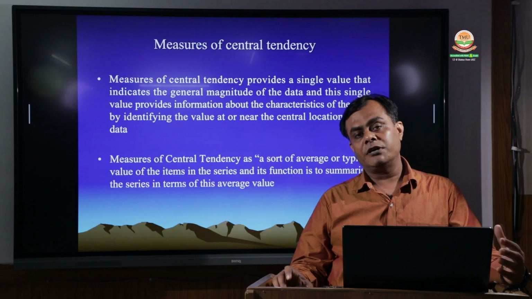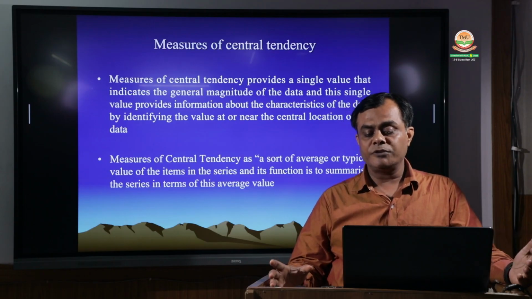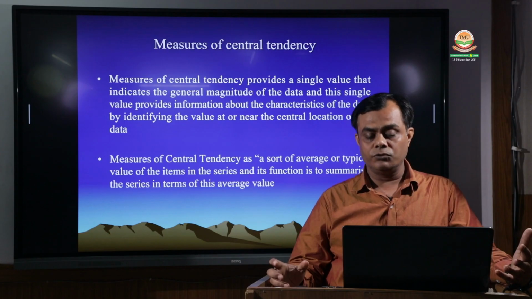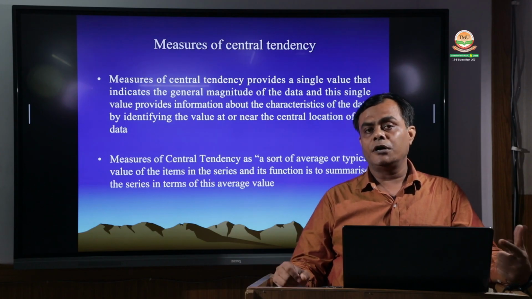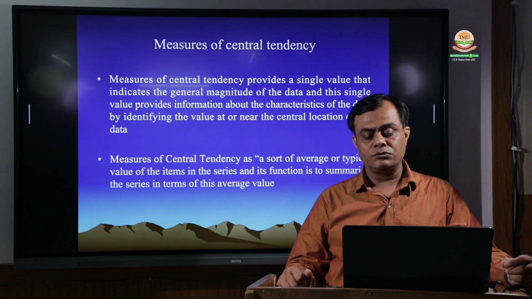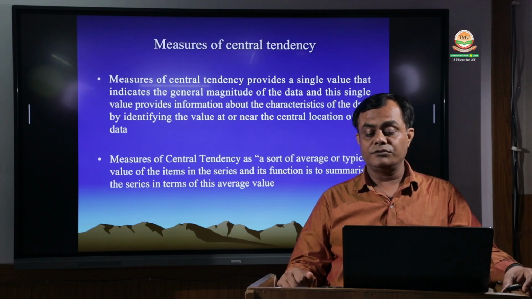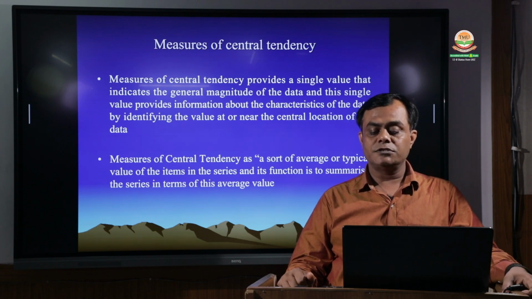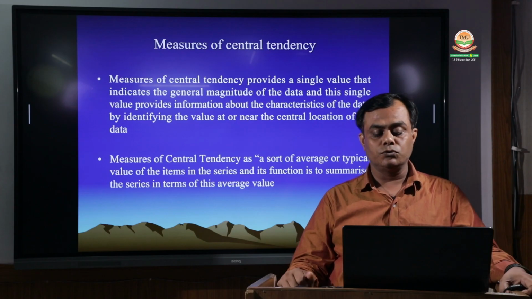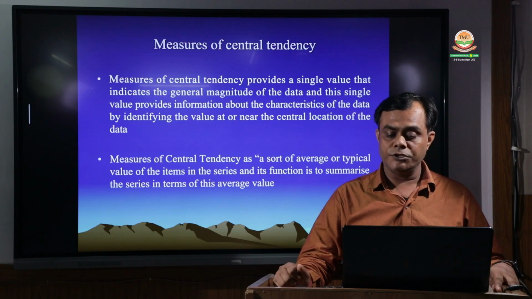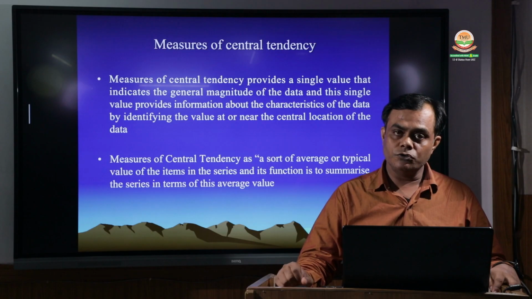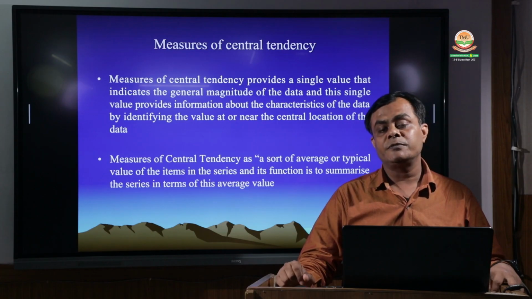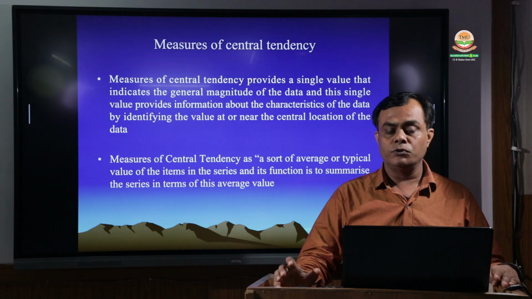Whatever the information or scores of the group, it gives you a central location, which is why it is known as the measurement of central tendency, or in short, the average or typical value of the items in the series. Its function is to summarize the series in terms of the average value. So simply, the measurement of central tendency is the average value of the whole data.